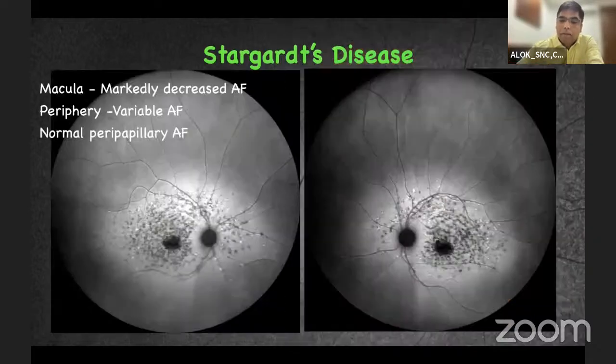RPE atrophy appears dark on fundus autofluorescence, while the periphery, the flecks, appear hyperautofluorescent to start with, but as the atrophy sets in, they would appear hypoautofluorescent. So this is a classic picture on fundus autofluorescence of Stargardt's disease. Of note is that the peripapillary retina appears to be spared in this disease.